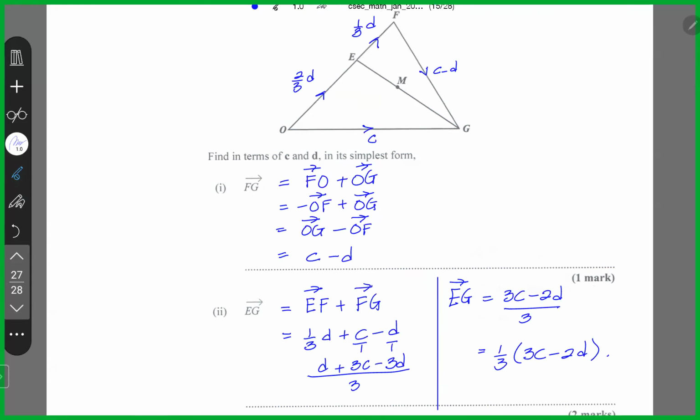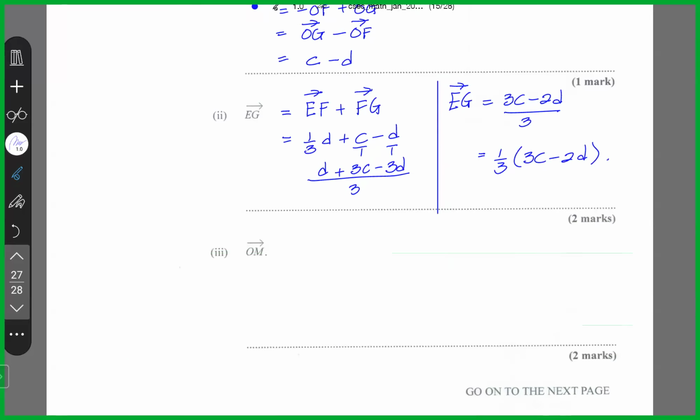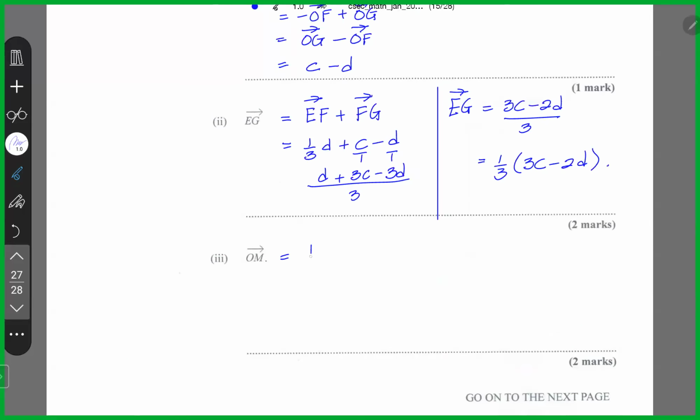OM is half of EG, which means that it's a half of 1/3 of 3C minus 2D. A half times 1/3 is 1/6 of 3C minus 2D.